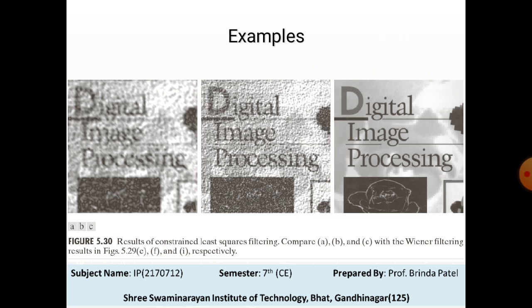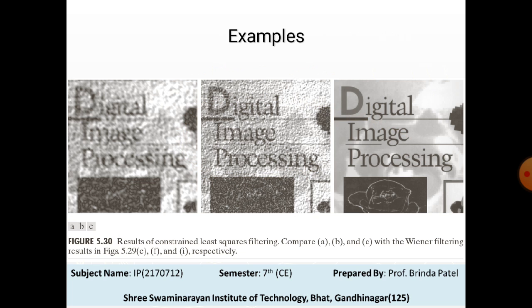This figure shows the results of constraint least square filters, in which the values of gamma were selected manually to yield the best visual results. This is the same procedure we used to generate the Wiener filtered results.